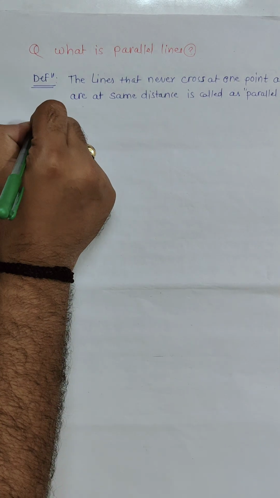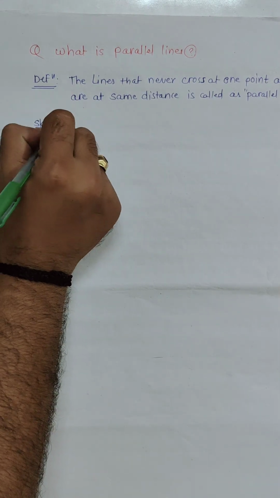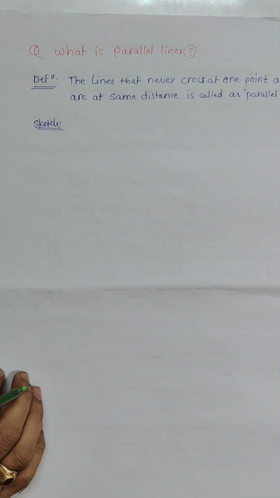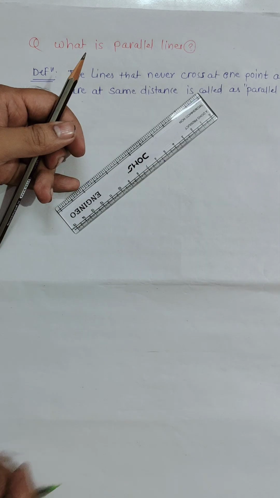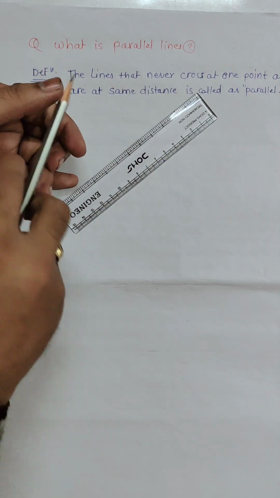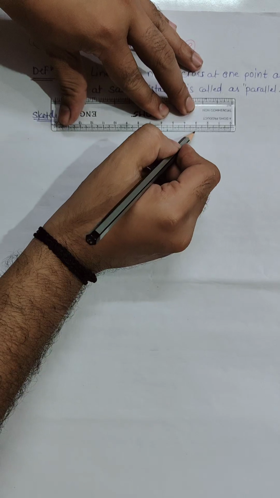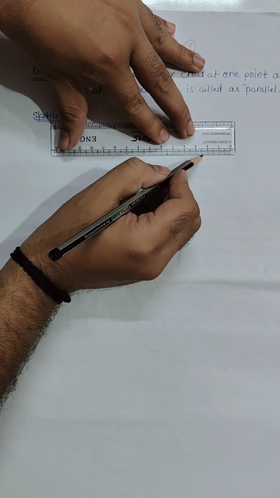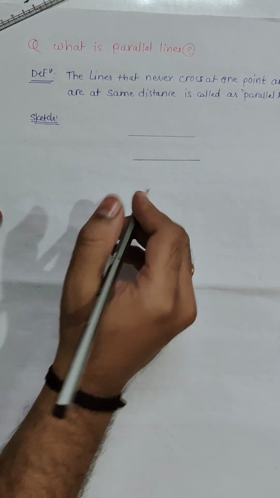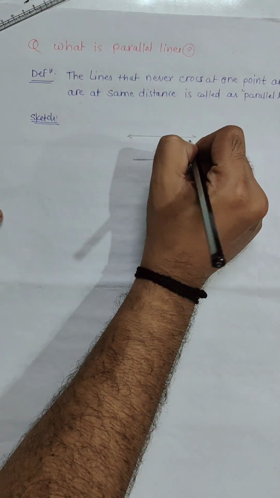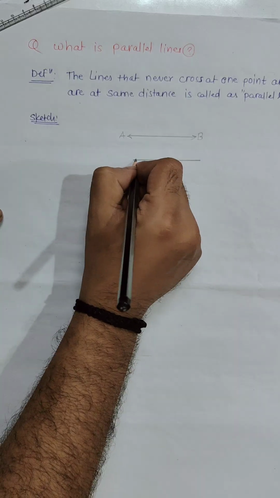Now, the second point is sketch. What is the sketch of the parallel line? Here we have to draw the sketch of the parallel line. Draw two horizontal lines very easily. Here first is AB and second is CD.